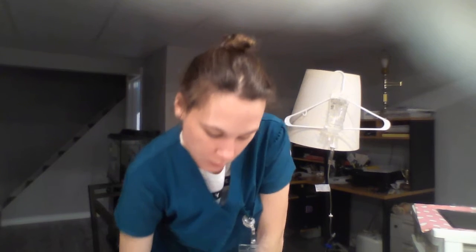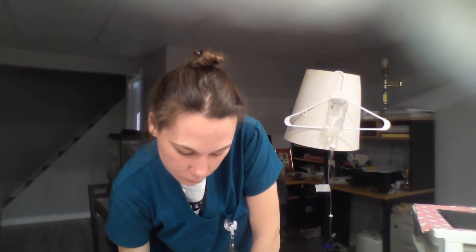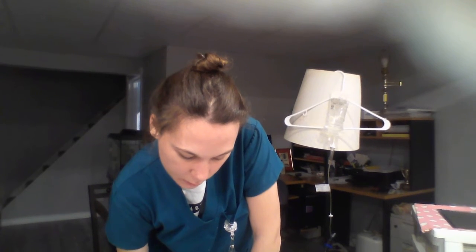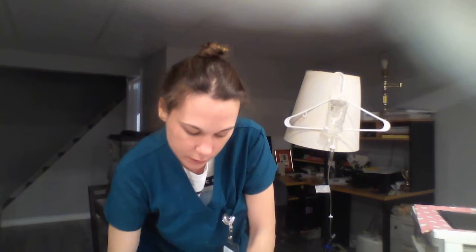So I'm just going to plug my computer in. Okay. So now I'm going to flip over my sheet and redo my calculations. Drops per minute is volume over time times 10 milliliters.